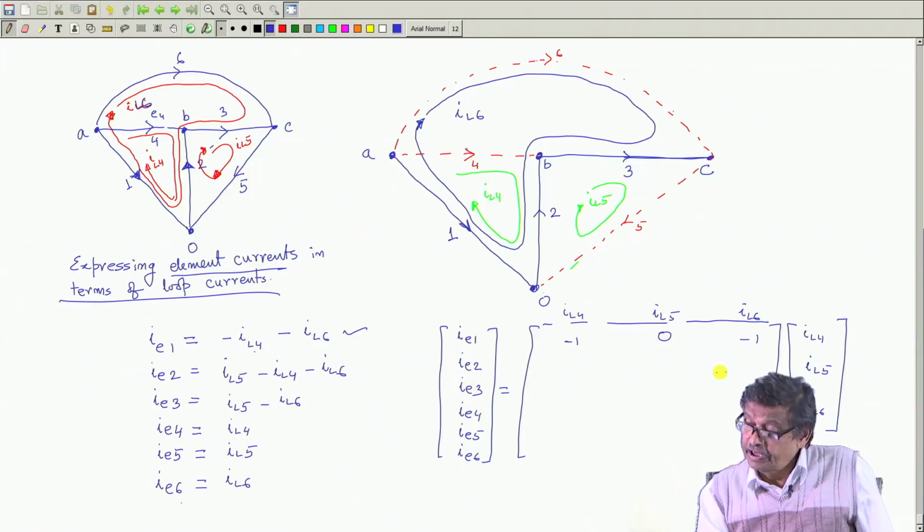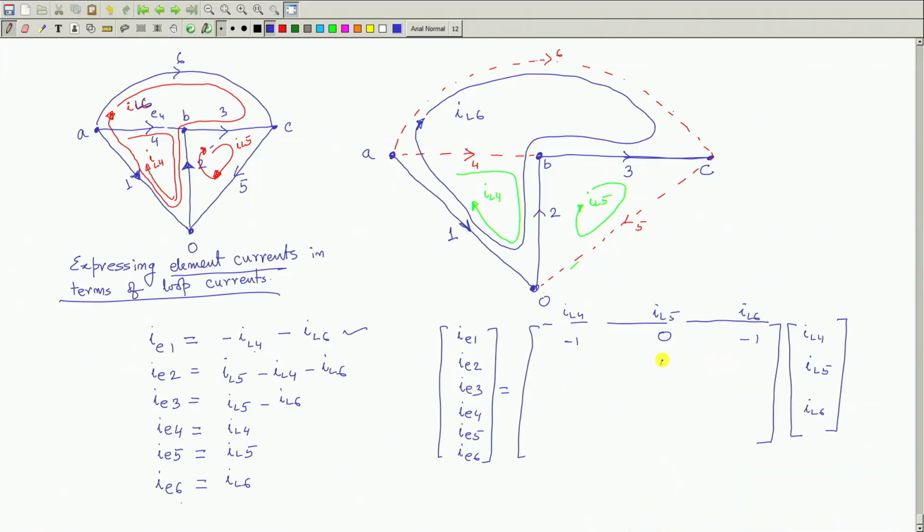IE2: IL5 is plus 1, and IL4 and IL6 are minus 1, minus 1. Then IE3: IL5 and IL6, IL5 is plus 1, IL6 is minus 1, and this is 0.